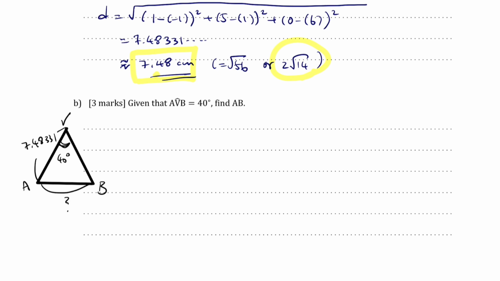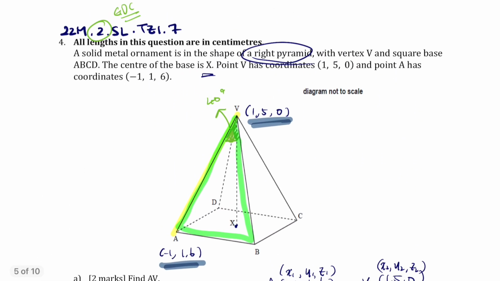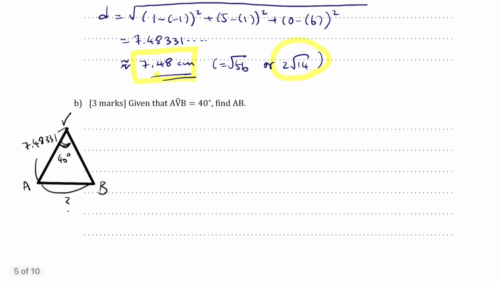So you can see that this is a square based right pyramid, right? That means the four sides that we have are actually equilateral triangles.